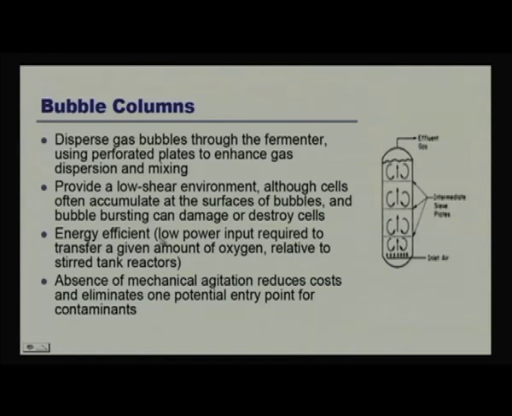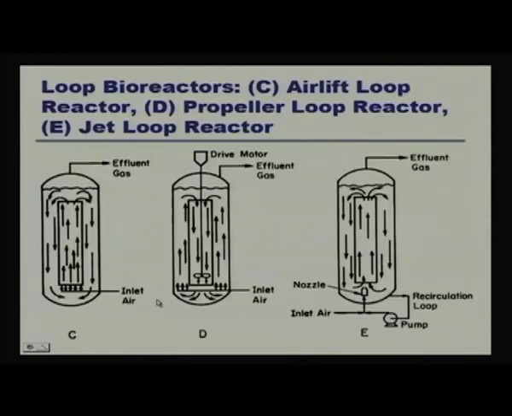This is one of the techniques: through purging the air, we satisfy the oxygen demand of the cells. Energy efficiency: low power input is required to transfer a given amount of oxygen relative to stirred tank reactors. Absence of mechanical agitation reduces the cost and eliminates one potential entry point for contaminants. So, these are some of the positive and negative points of the bubble column reactor.